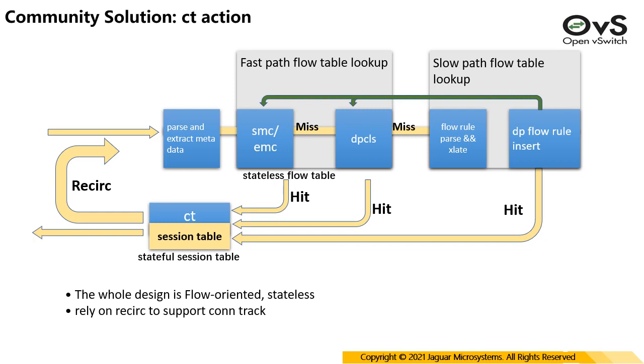Thus, the whole pipeline turns into matching based on the stateless flow table to figure out what actions need to be applied to the packet, and updating the connection state in the CT action and recirculating back to match based on the new connection state. Connection tracking has to rely on recirculation in the current design.